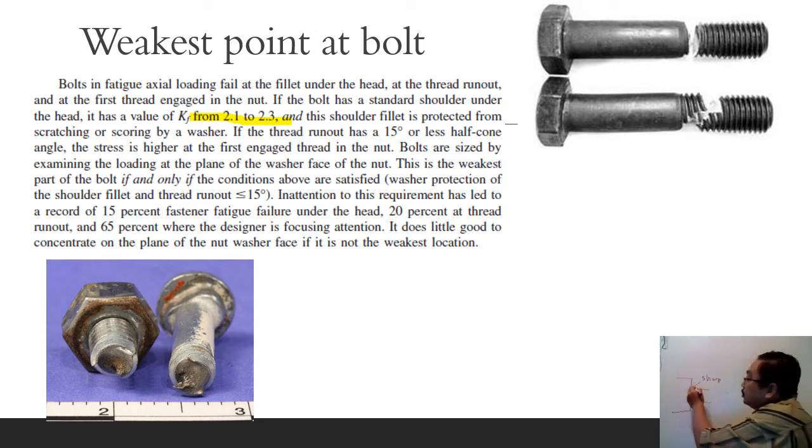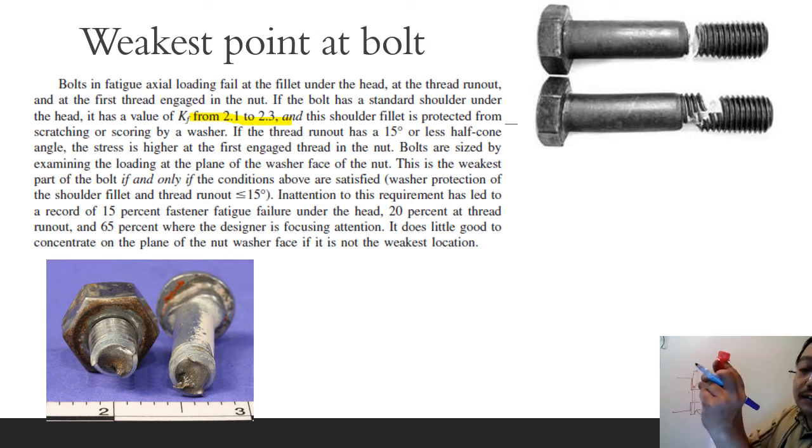But it should be connected with a washer. If you have sharp edges and a washer, your bolt is okay. But if you do not put a washer, this bolt may be damaged at this point first.